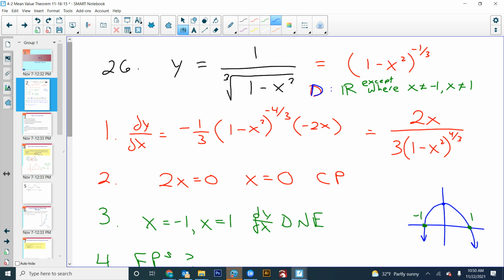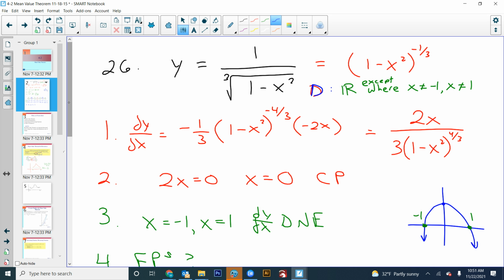What kind of vertical asymptote do you get? You come from the left and you're decreasing, and then from the right, you pick up after it and still decrease. Yes?